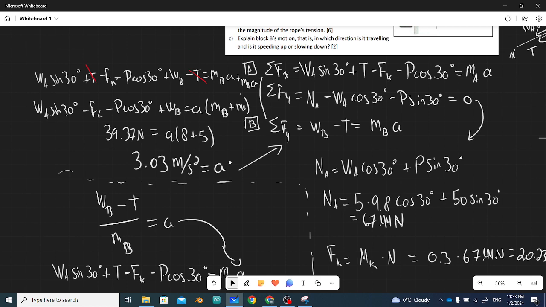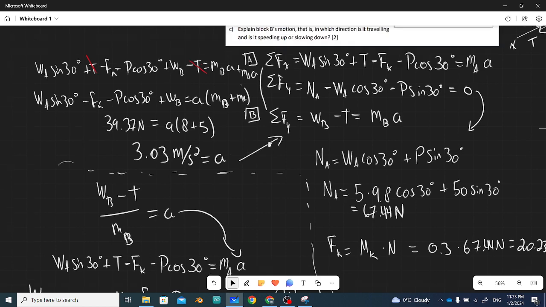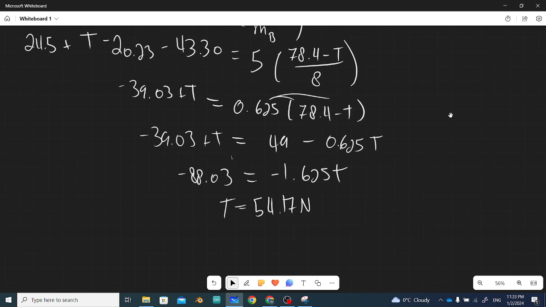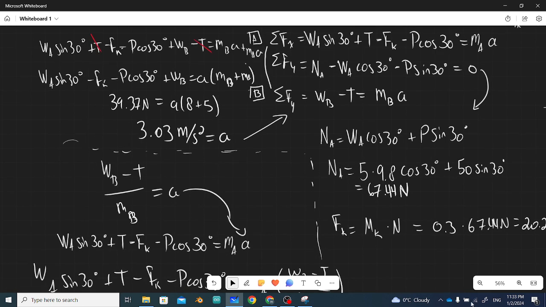So 78.4 minus 24.24 gives us 54.16, which is exactly the same as that one. So if we plug that back in here, it gives us T equal to 54.17, but if you round, 54.16.